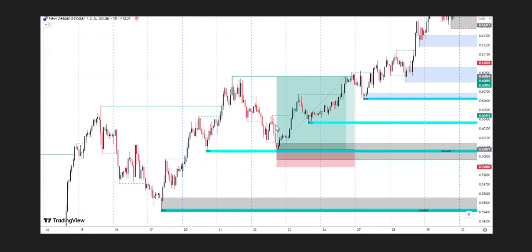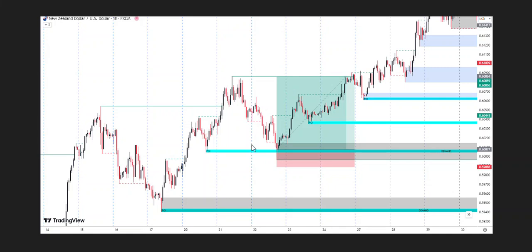And what happened? It did grab liquidity. It grabbed liquidity from this low and also from this low and pushed up immediately. So that will confirm my entry at this demand zone.